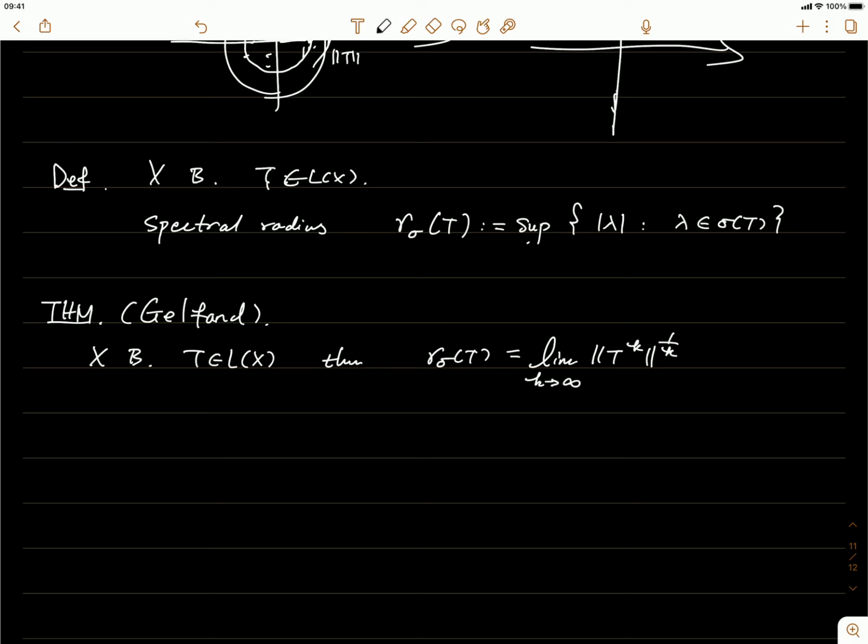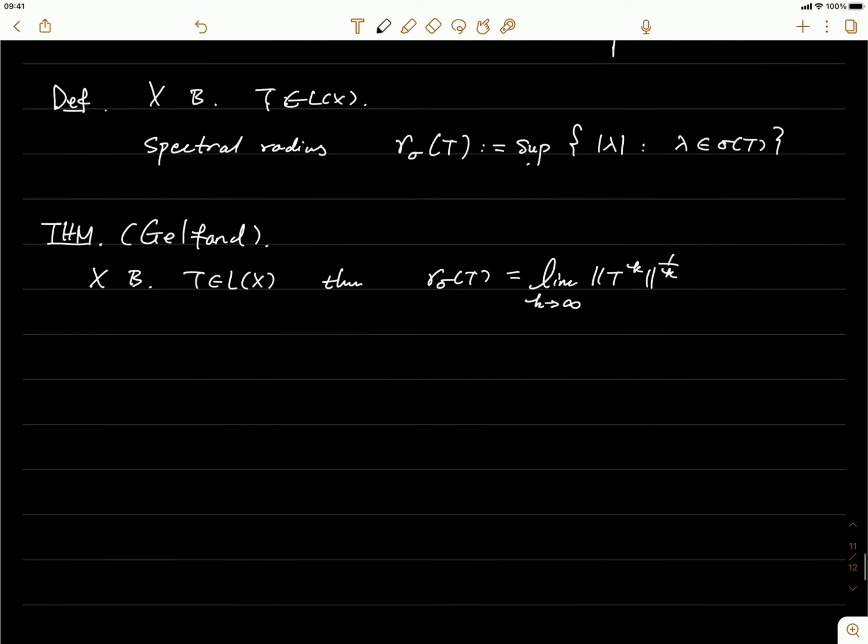Okay, so let's prove this result. First, the idea is this. Let's say I define the notation, just for simplicity, R to be the spectral radius I want to estimate.